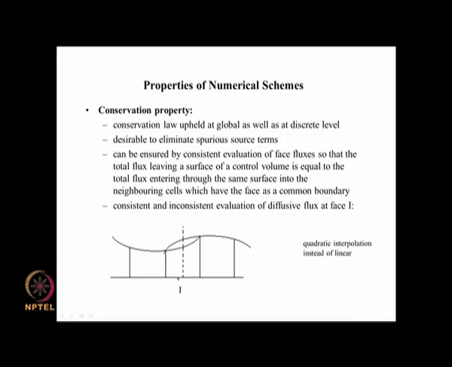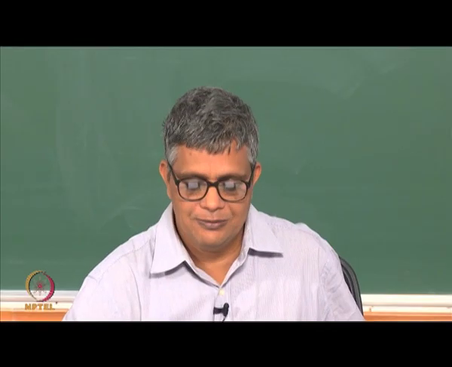For example, if you are looking at I being the point at which you want to evaluate the flux, usually in the case of convective flux, it is determined by the velocity at which it is coming in and the value of the variable. But in the case of diffusive fluxes, for example temperature gradient or the concentration gradient will tell us what is the heat flux and the mass flux respectively.